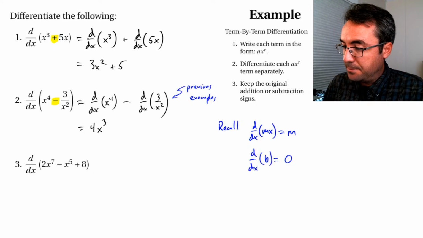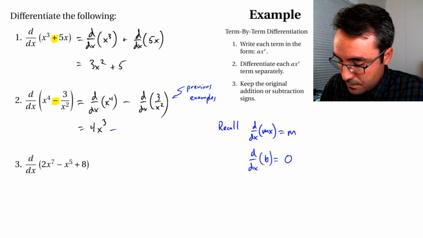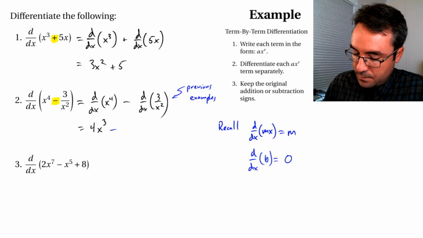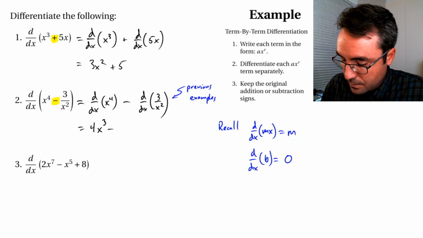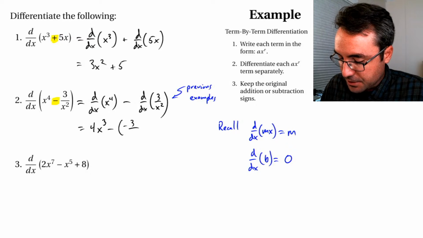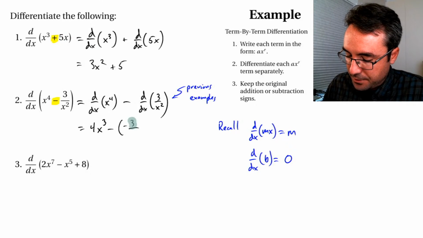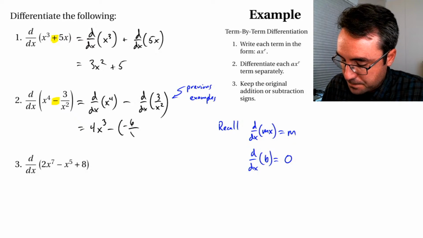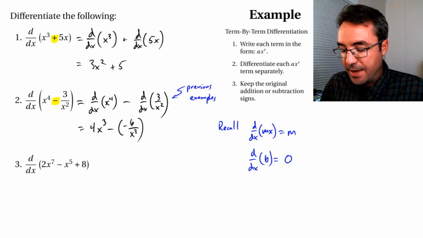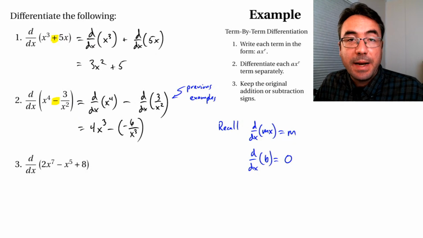And what did we get for that? Well, you'd get negative 6 over x cubed, rather. And then the double negative becomes positive.